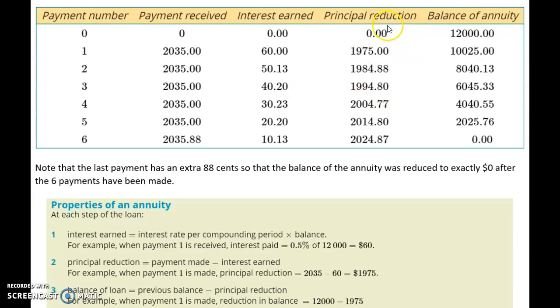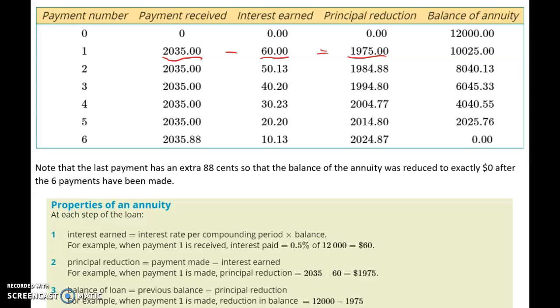All right, the 4th column, principal reduction. Now to work that out, what you need to do is you need to take the payment received and subtract the interest earned. So essentially, it's the 2,035 minus 60 gives us the 1975. If we look at a later column, let me get a different color.